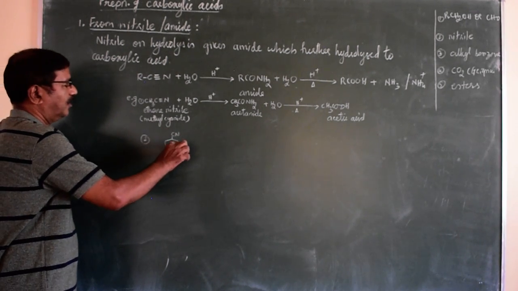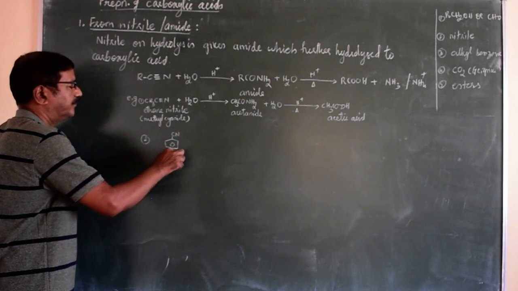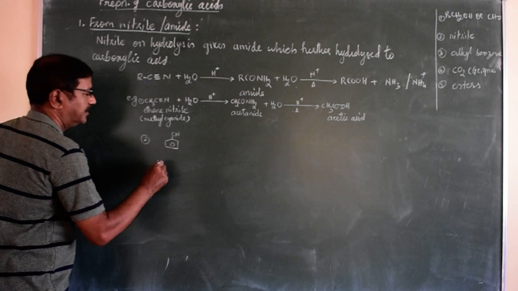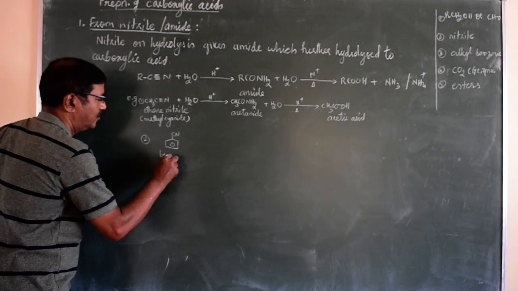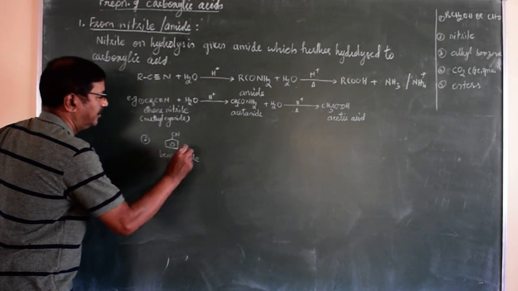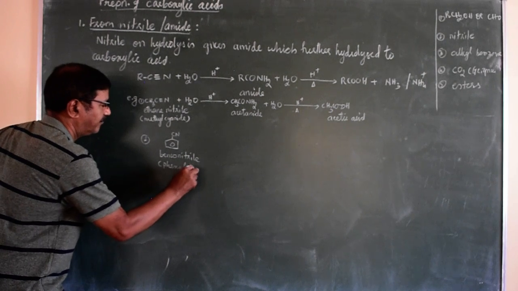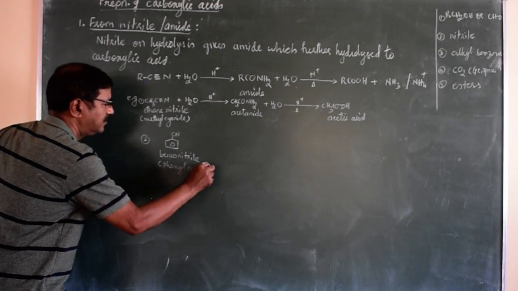The IUPAC name is benzonitrile. The common name is phenyl cyanide.